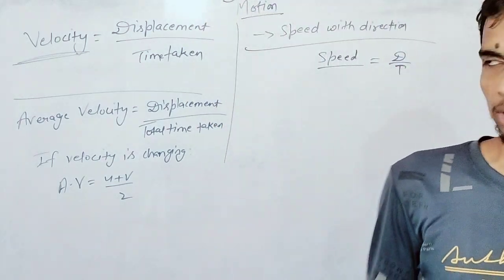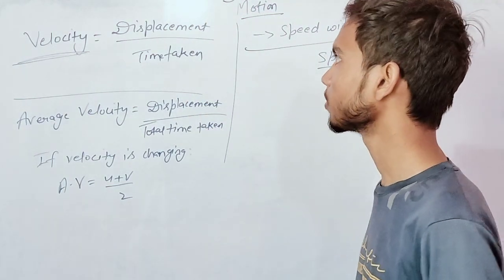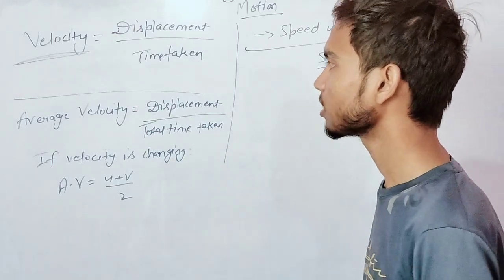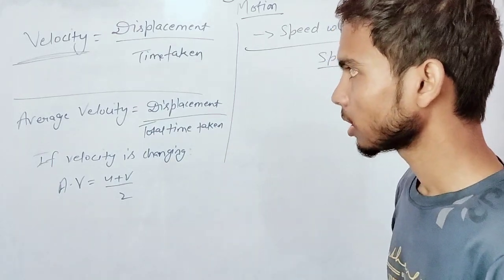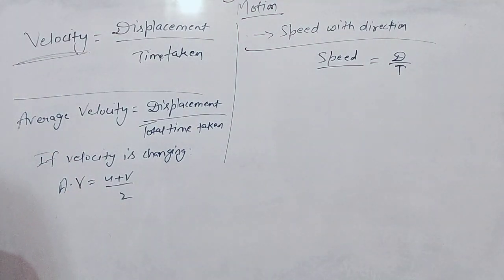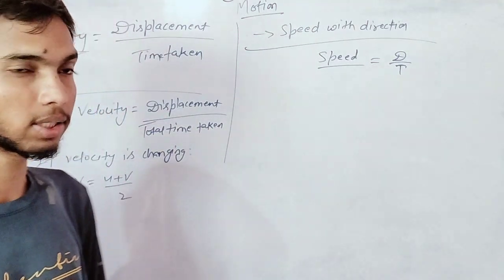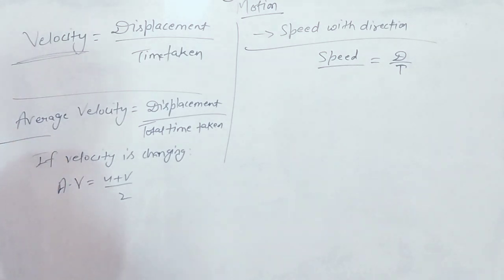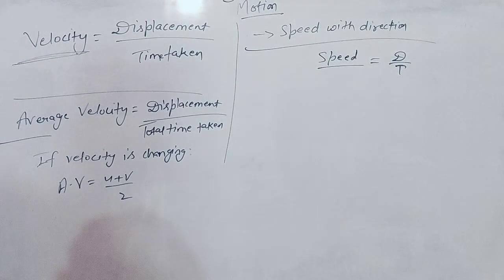This is a simple velocity: displacement upon time taken. But for average velocity, velocity is increasing at times, or it will be decreasing. Then in that case, you will use displacement upon total time taken.